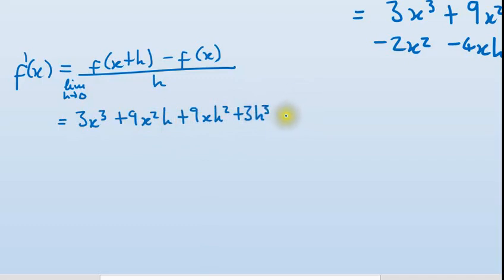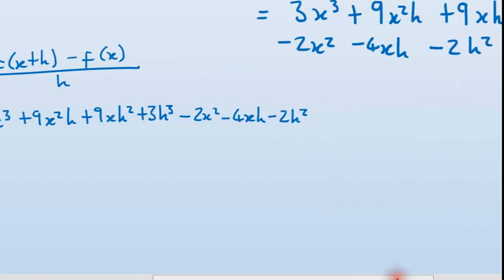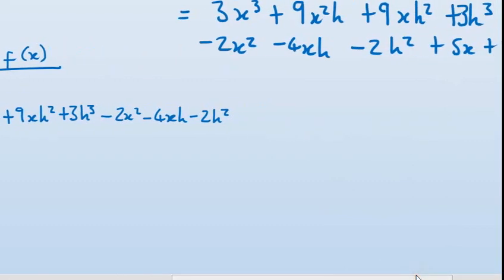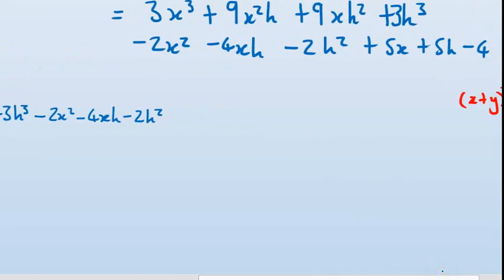And it has minus 2x squared minus 4xh minus 2h squared, and then it has plus 5x plus 5h minus 4.